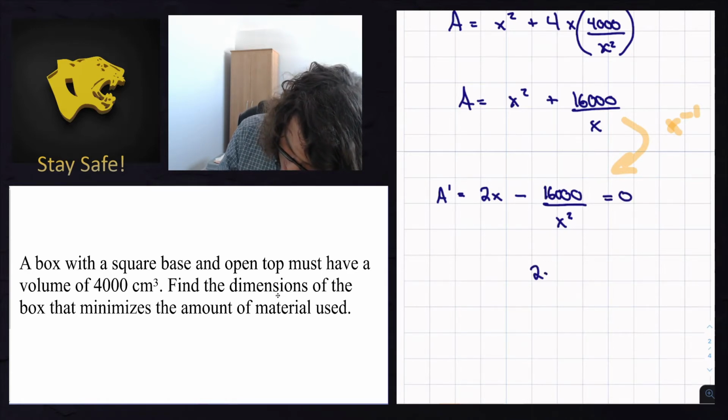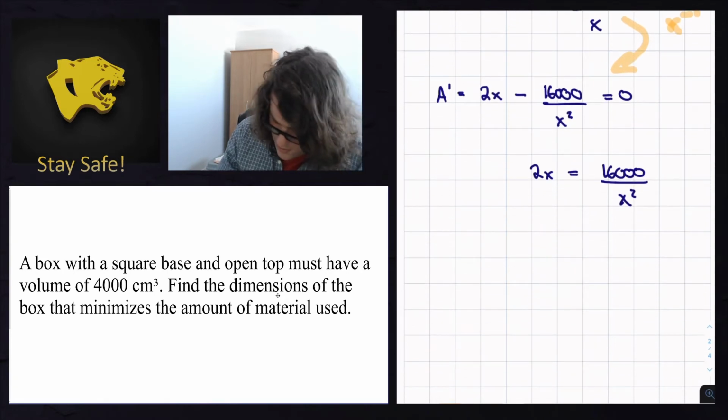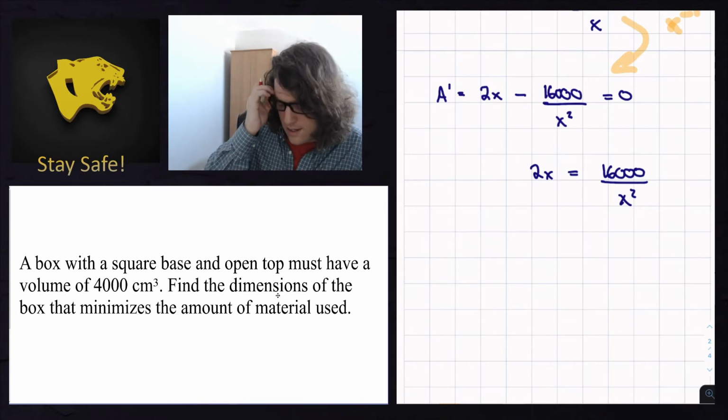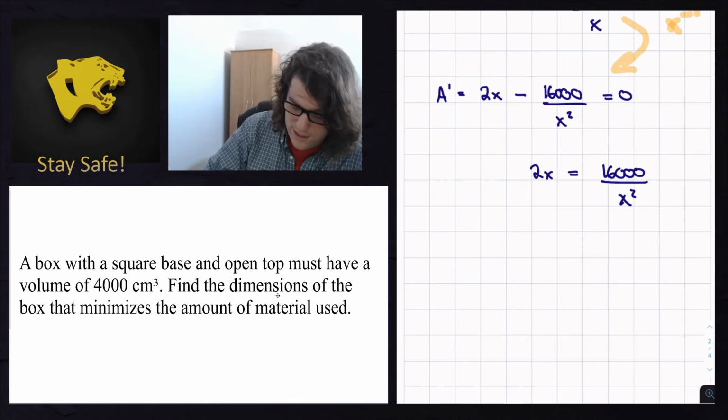So that's 2x minus 16,000, not what I meant. 2x is equal to 16,000 divided by x squared. I'll multiply that x squared up onto the other side. Now, as I do that, it's kind of getting rid of the fact that we can't, in this particular case, have an x value of 0.